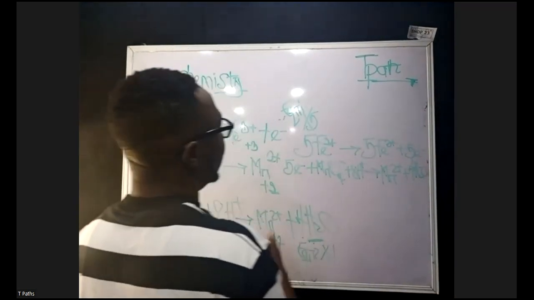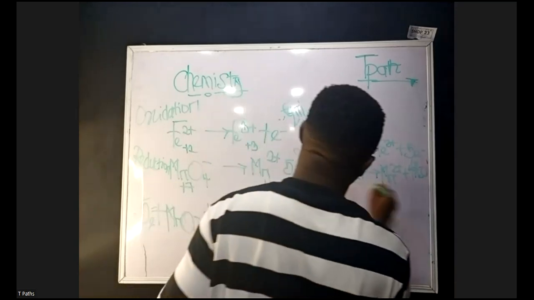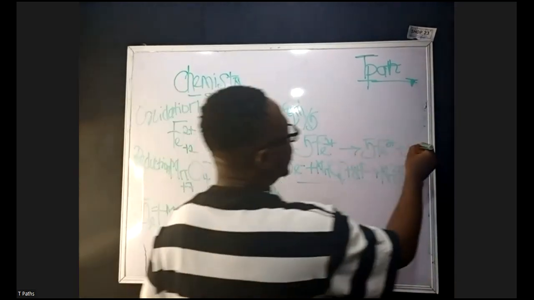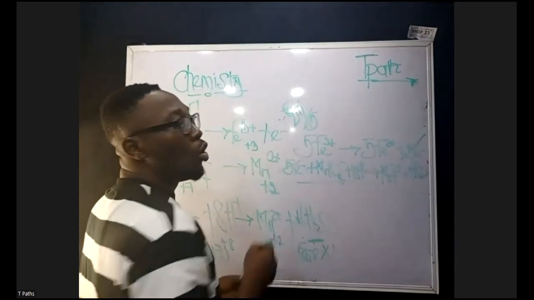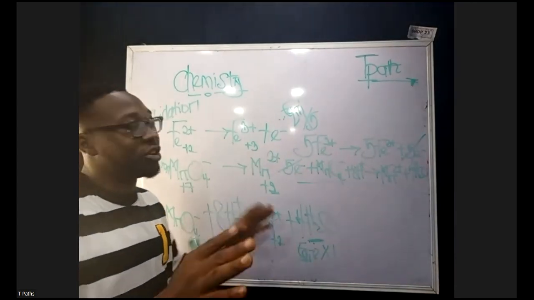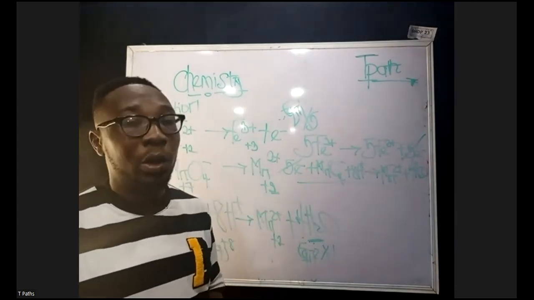So multiply by 1. So what do we do next, guys? Let's add. If you add, you observe that the 5 electrons on the left-hand side and right-hand side cancel out. For them to cancel, they must be on opposite sides. If they're not on opposite sides, you cannot cancel them out.